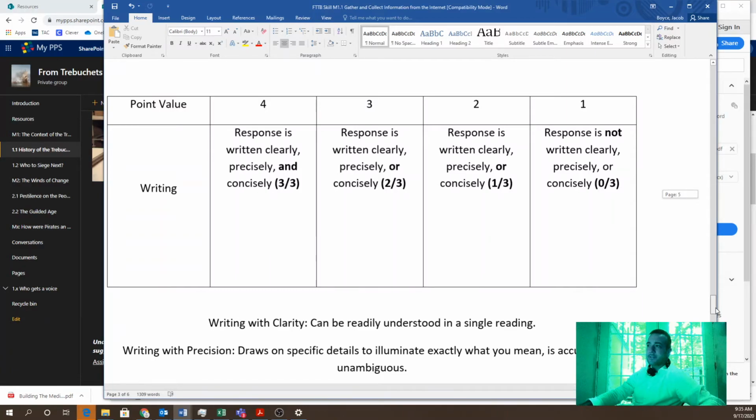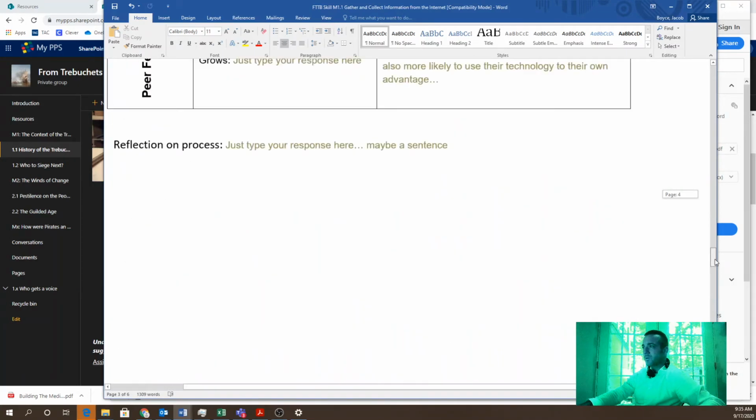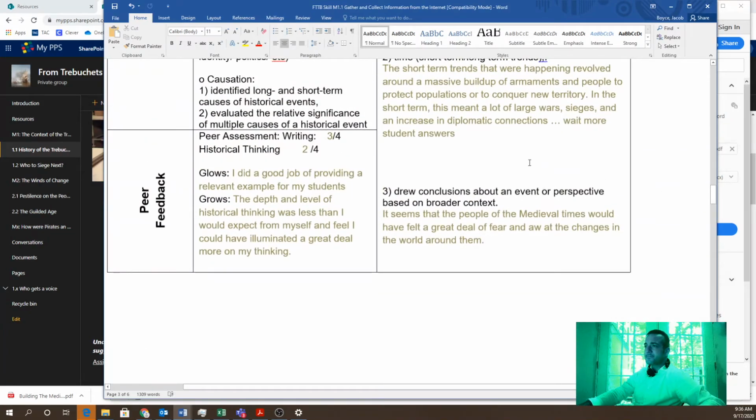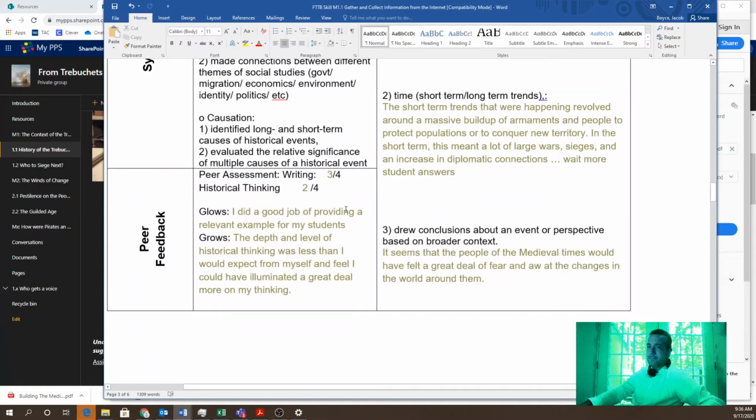So I said it was clear and it was concise, but it wasn't precise. And then for my historical thinking, I only gave myself a 2. It really wasn't very imaginative, and also it wasn't very complete. It didn't get at all the aspects.